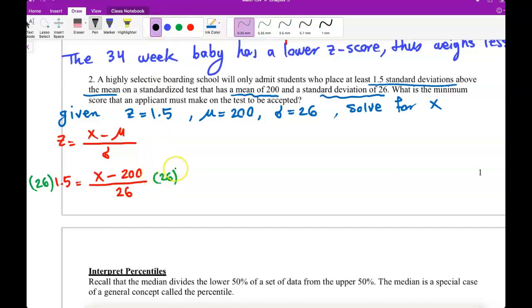This way we clear this part. Now 26 times 1.5 is 39, equal to x minus 200.